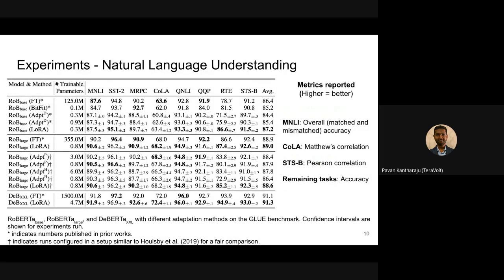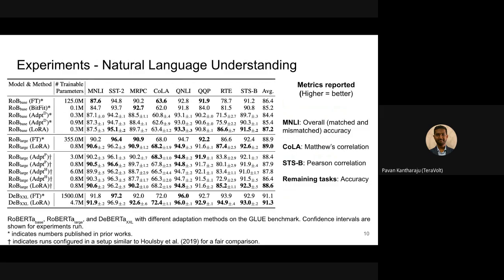So the authors would run experiments over natural language understanding and generation tasks. We'll begin by looking at some of the understanding tasks first. So for natural language understanding, they use three different models: Roberta Base, Roberta Large, and Roberta XXL. And each of those models is trained with the different training methods that I provided in the previous slide.